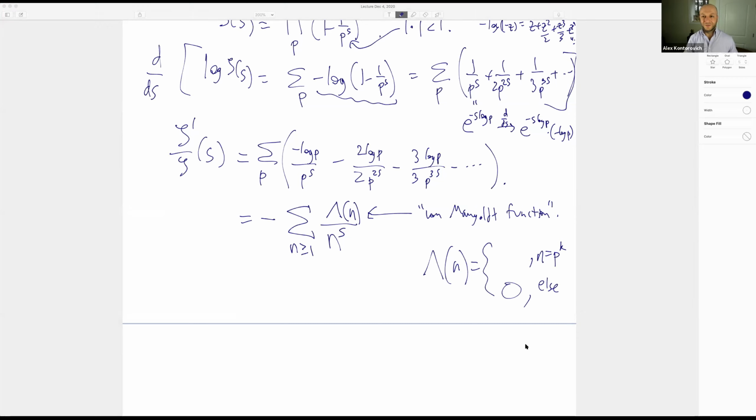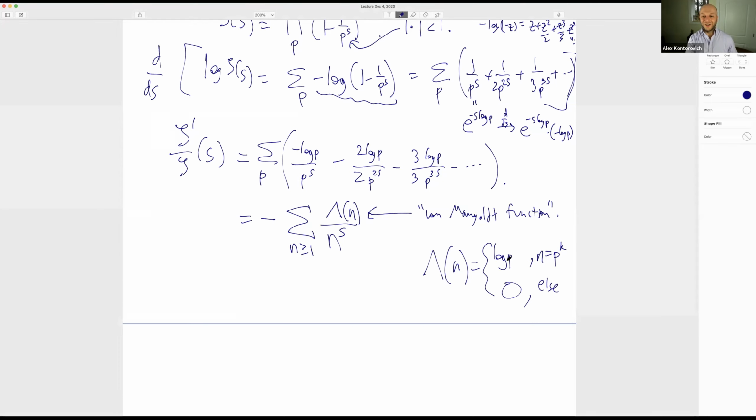Does that make sense? And if you are a prime power, if you're a p to the k, then what's the coefficient of 2 to the minus s? How do you get a 2 to the minus s in all this sum? Yes, log 2, exactly.